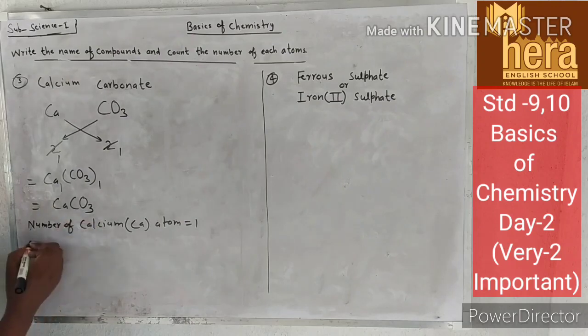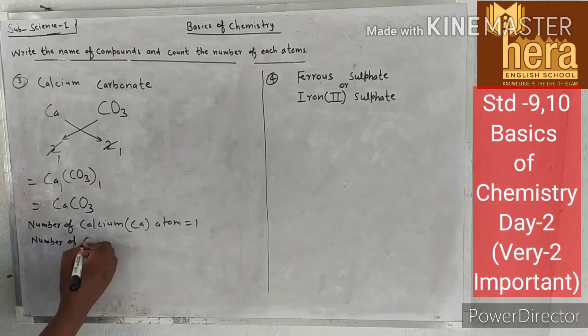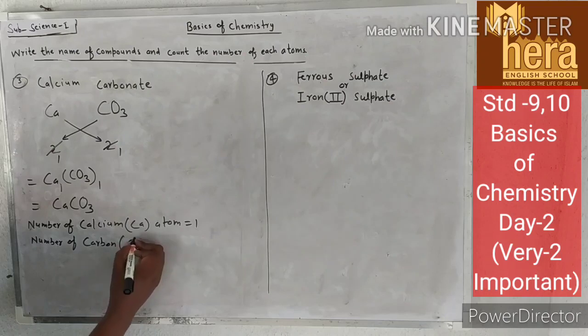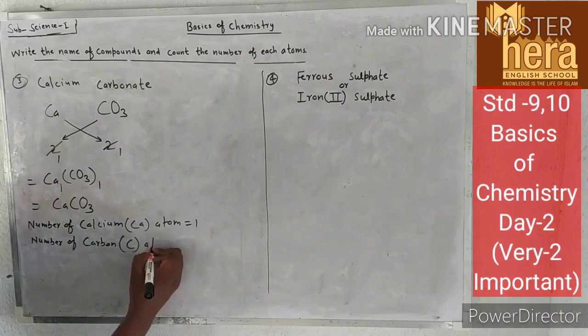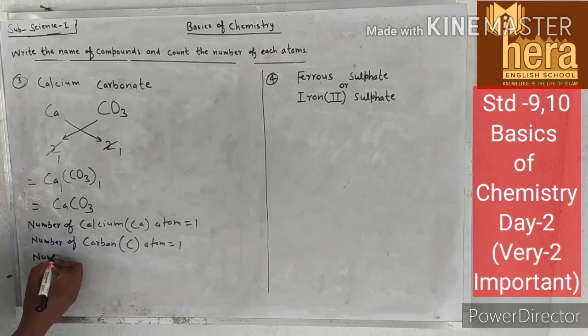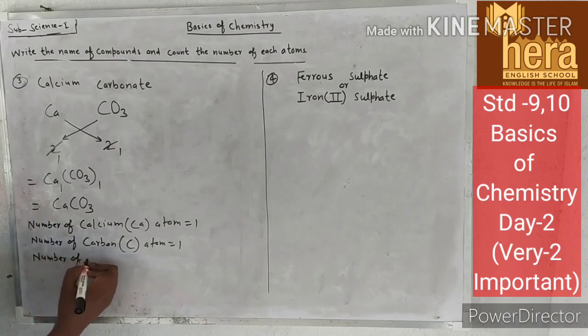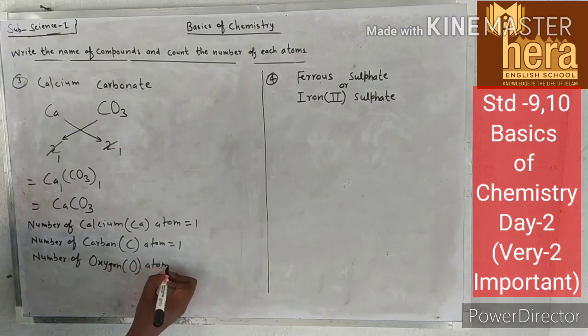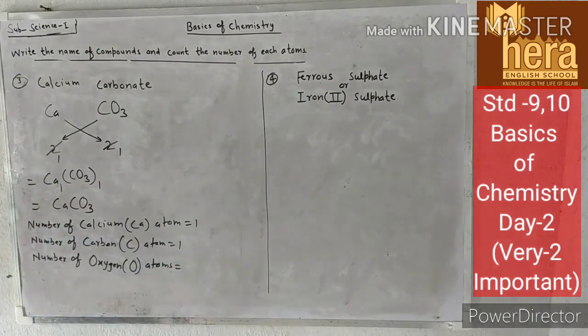C for carbon. Number of carbon, capital C, atom is equal to 1. Oxygen 3. Number of oxygen atoms is equal to 3. Understood?